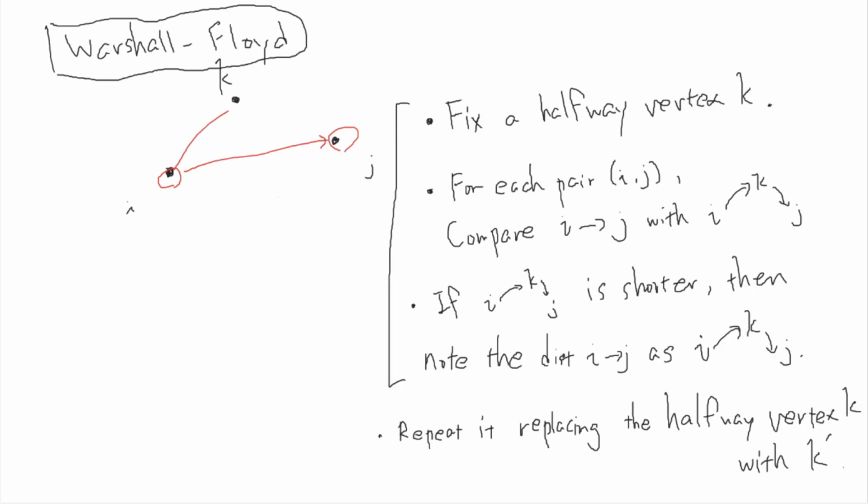So like this, if you want to know the distance from i to j, compare the distances and choose the minimal one. So remove it. As a result, we have checked for each pair of i and j whether we should pass k halfway down i to j or not.